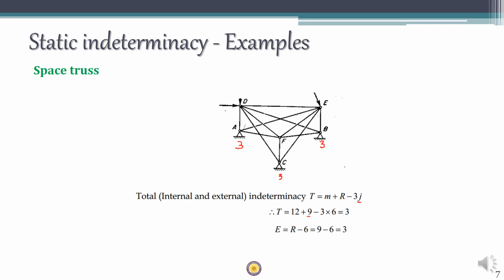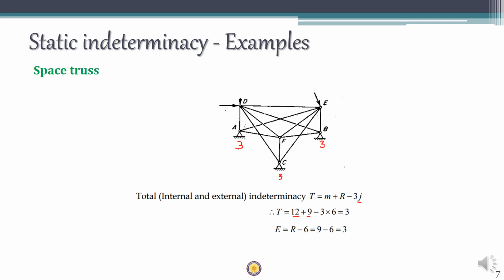Number of members: 3 vertical members, then 3 horizontal members at the top, and 2 braces, diagonals in each of the sets, which means 2 into 3 plus 3 plus 3. Total 12 members are there in the case of this particular example.